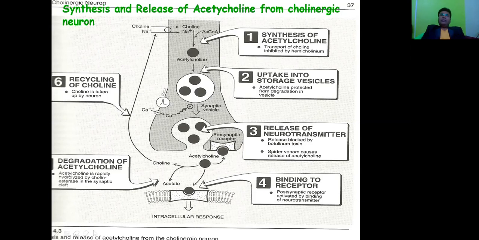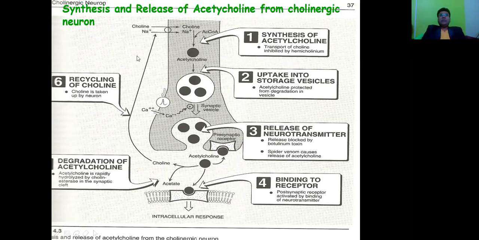Then, the acetylcholine may get degraded in the synaptic cleft, where it is rapidly hydrolyzed by cholinesterases into choline and acetate. Later on, choline is utilized again for the formation of acetylcholine.